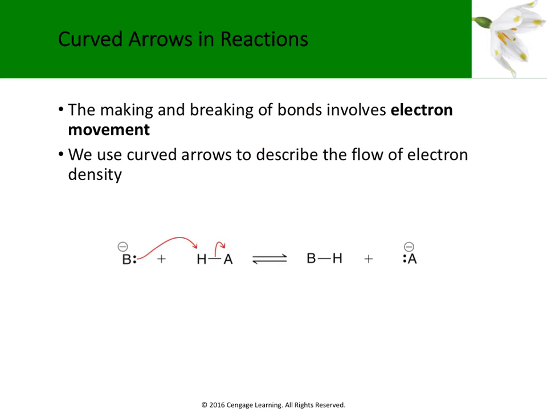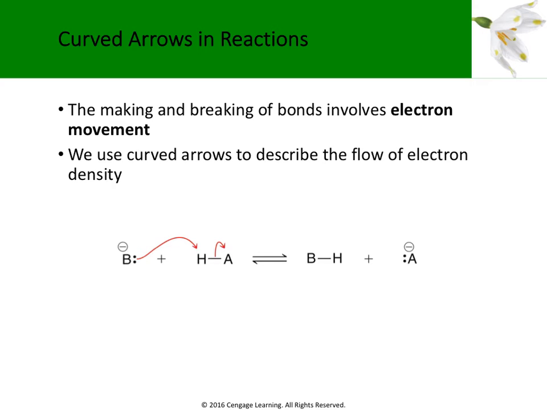We use curved arrows in organic reactions to show the making and breaking of bonds. We also use them to show the movement of electrons in drawing resonance structures. So when we have an acid-base reaction, the base is going to grab the proton with a lone pair.